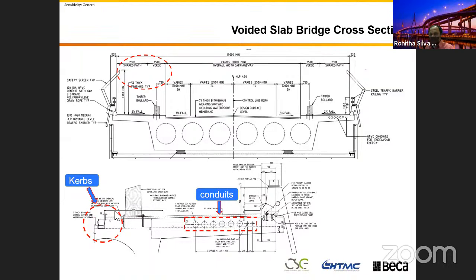You can also see there is a curb in this bridge, because people can't walk at the same level as the way you ride. Because of that, we have the curb, and we raise it about 200 mm, and then we have the walkway on the top.